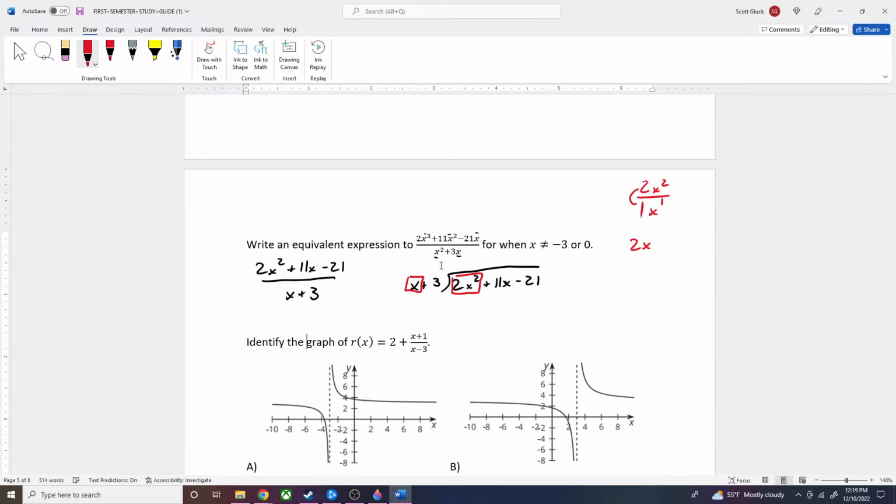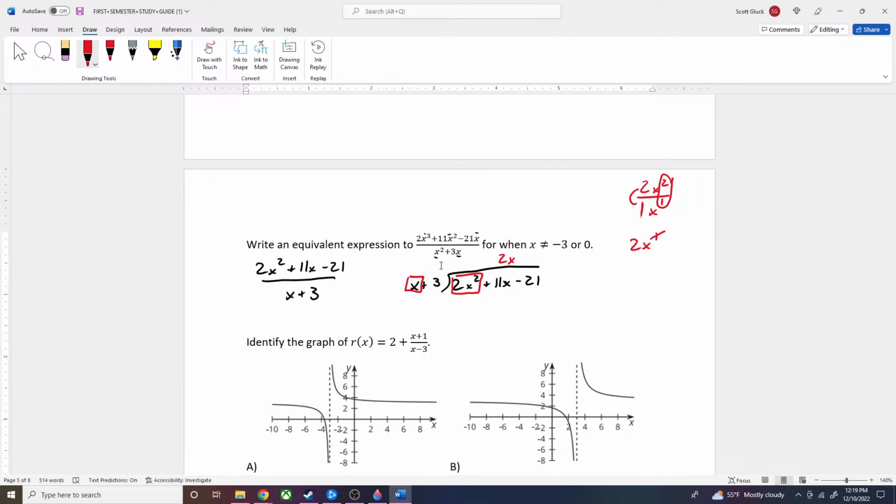X stays the same, but we're going to subtract these exponents since we're dividing. 2 minus 1 gives us 1. And then we can get rid of anything that could be understood. So this 1 right here can go away, and we simply have 2x that we're left with.